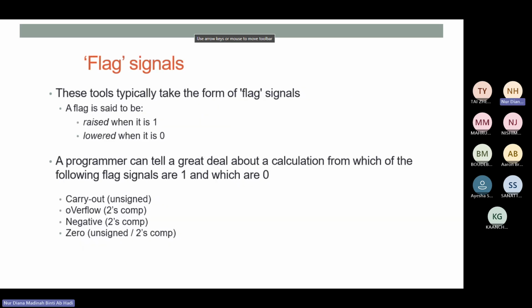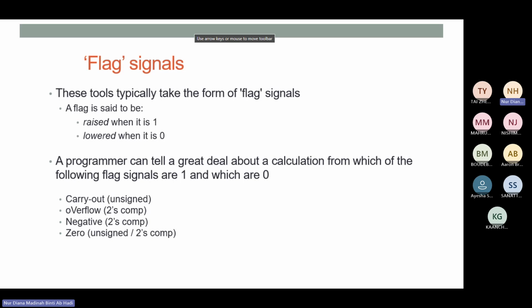This tool takes the form of flag signals, where a flag is raised when it is 1 and lowered when it is 0. The programmer can tell a great deal about the calculation from which flag signals are 1 and which are 0.